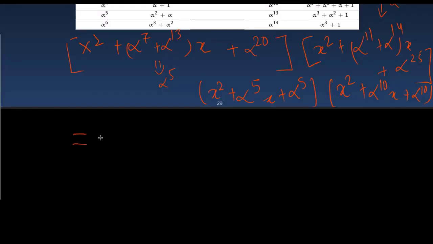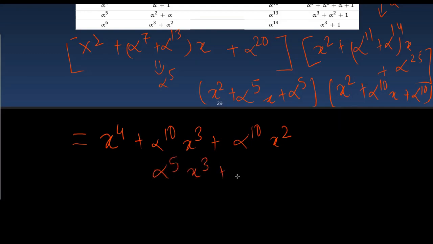This will be equal to x^4 + alpha^10 x^3 + alpha^10 x^2. In the second line, when I multiply alpha^5 x with the second polynomial, I will get alpha^5 x^3 + alpha^15 x^2 + alpha^15 x.